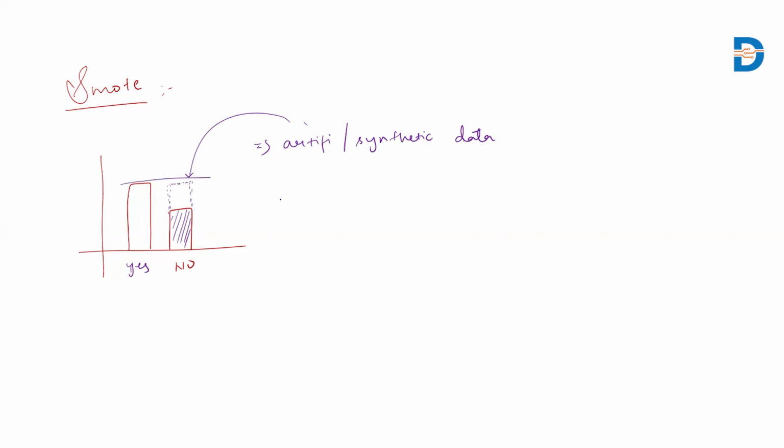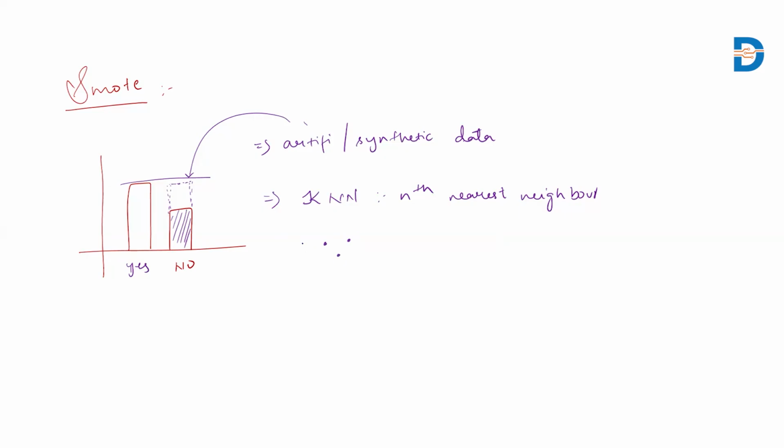But how is it doing this? It uses the technique of KNN, that is, the k nearest neighbors. SMOTE goes to the minority class, sees the minority data, and picks random neighbors for each sample. Let's say the number of neighbors selected is 3.